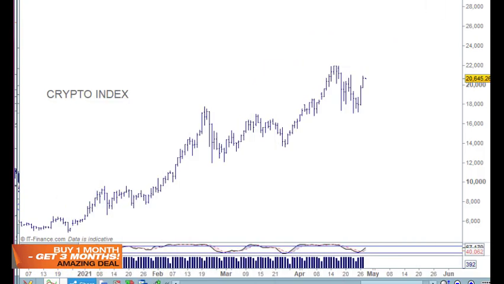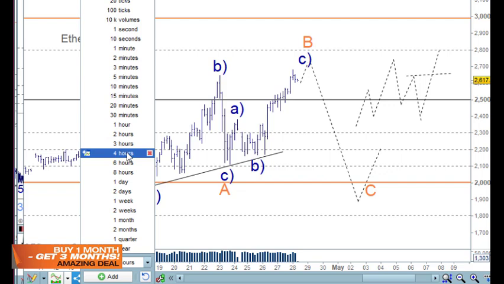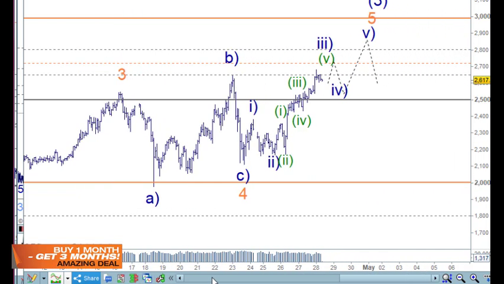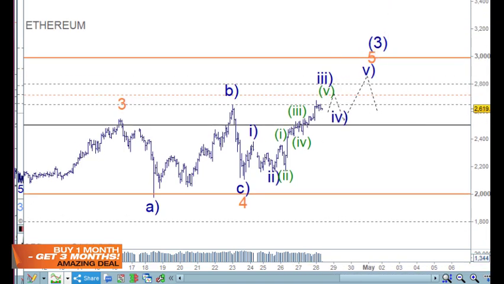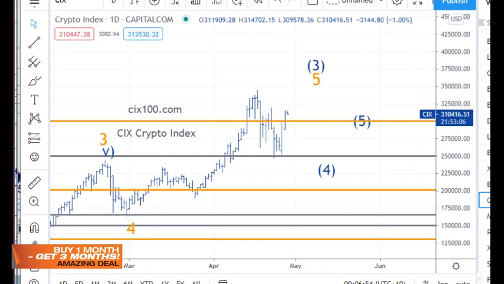So yeah, Ethereum coming in for this, let me just take it back to this 2-hour chart here. Considering this wave 3 here with an A and a B and a C for wave 4, and then looking for 5 waves up to finish this off at wave 3, when we bring across the crypto indexes, they can be the same as well.